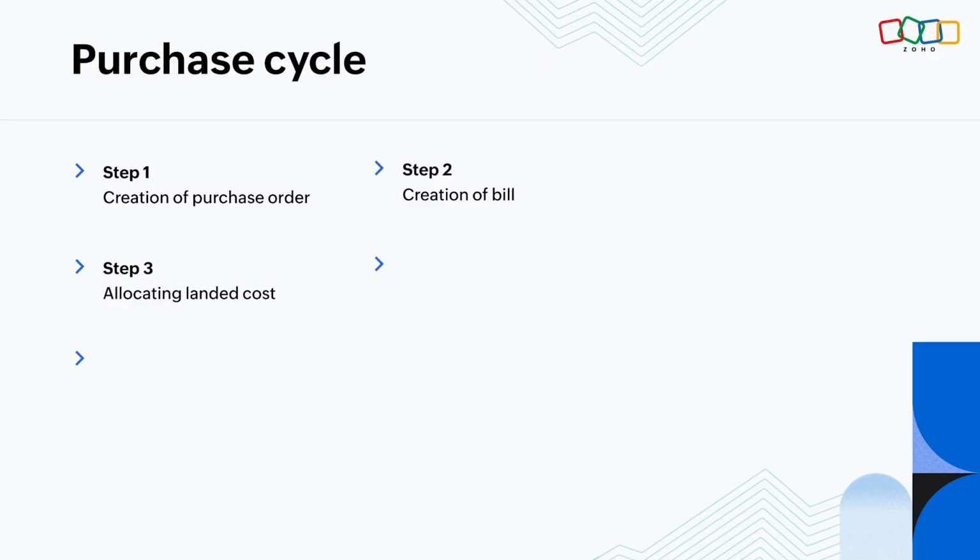Furthermore, if they also wish to include all costs involved in bringing a product such as freight, shipping charges, customs, and other procurement expenses, Zilker can conveniently add these as landed costs while creating a bill in Zoho Books.